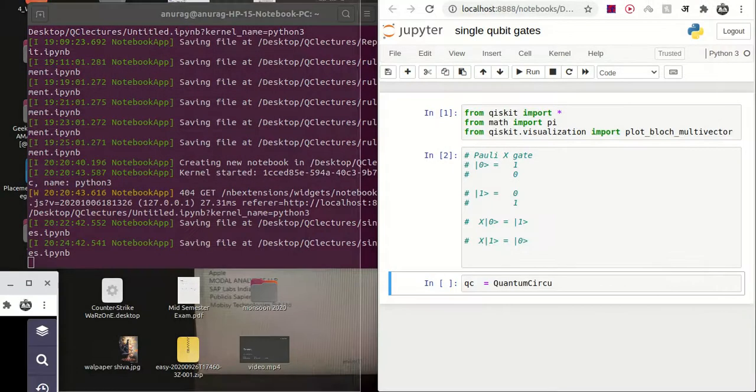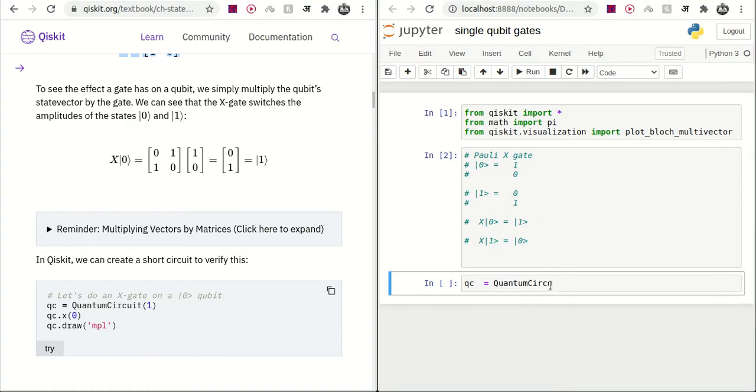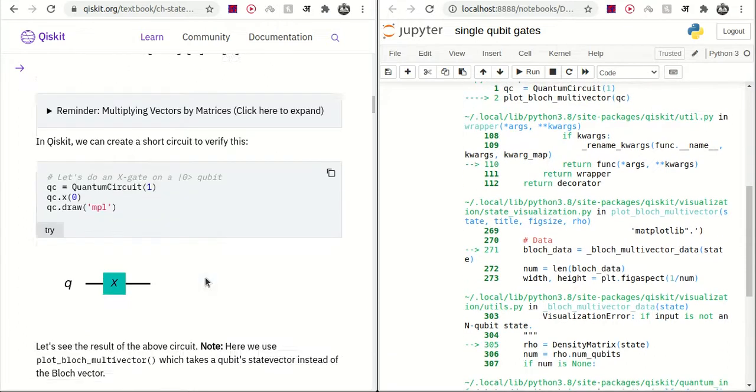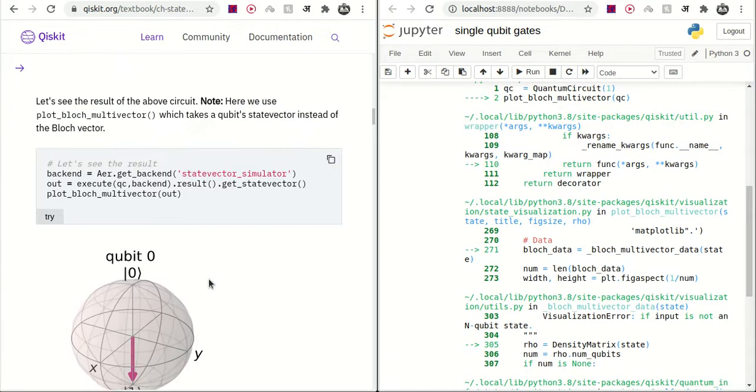Quantum circuit with 1 qubit, QC. Okay, and plot visualize Bloch multivector, so plot Bloch multivector QC.